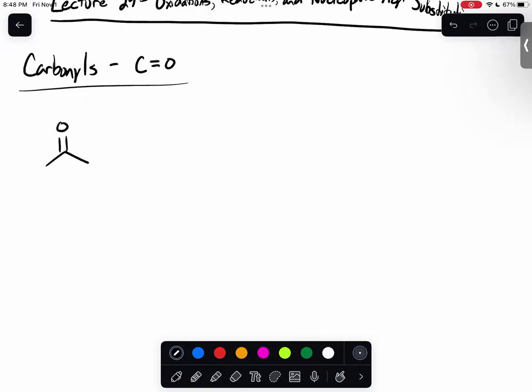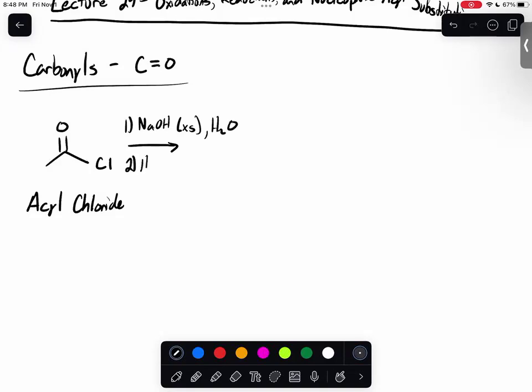To give you an idea, let's say we took this right here, which, if you know your functional groups, is an acyl chloride. If we were to take this acyl chloride and toss it into a solution of sodium hydroxide, let's just say in excess, in water, and then we're going to need a second step where we use some HCl and H2O, but we're going to talk about what that is in a second.